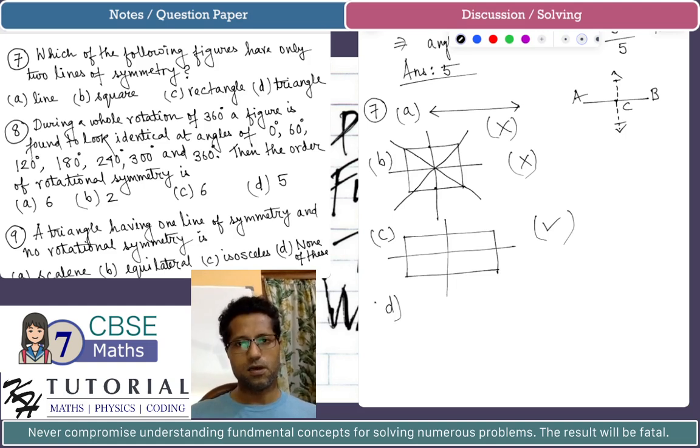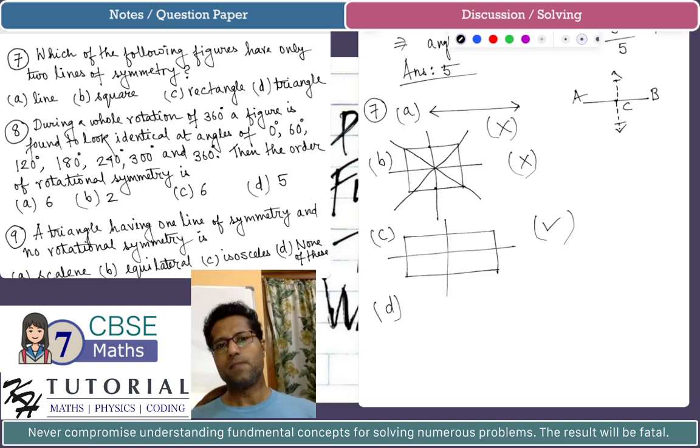Now, what about a triangle? Just saying a triangle, you cannot say how many lines of symmetry it has. No triangle will have 2 lines of symmetry.